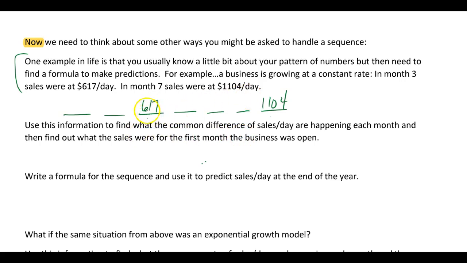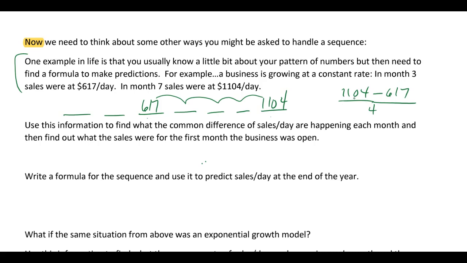Well, I know that I have to travel 1, 2, 3, 4 spots, and in those 4 spots I have to make up the difference of whatever 617 to 1104 is. So for me, I'm going to subtract those two numbers and get the total difference and divide it by the distance that I need to travel.